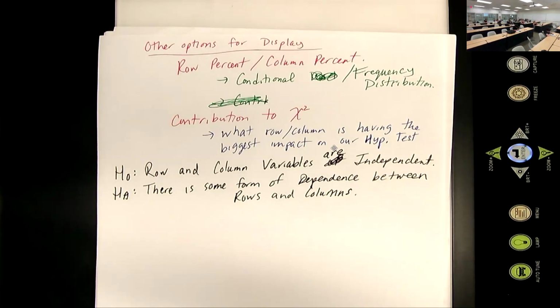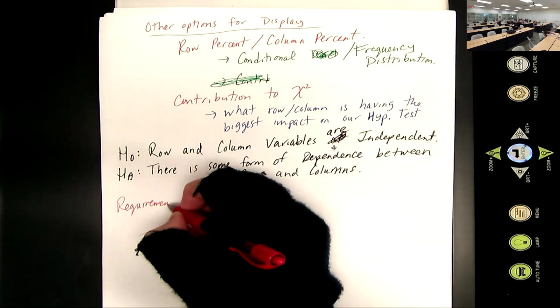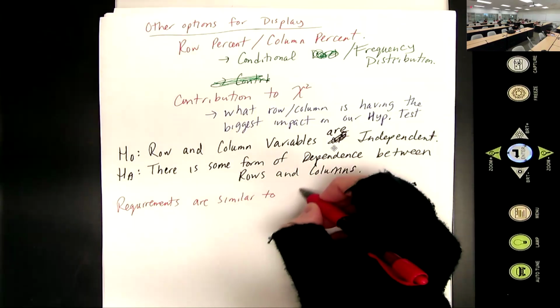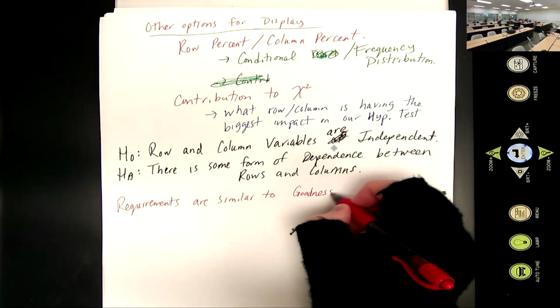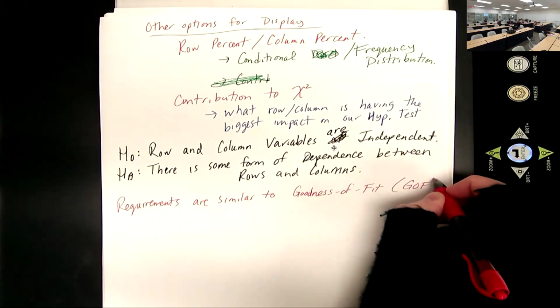So this is where the name chi-square test for independence comes in. You're checking independence of rows and columns, groups and categories. So that's the way to remember the H naught ties into the name of the test. Requirements are similar to goodness of fit. I usually call that golf.